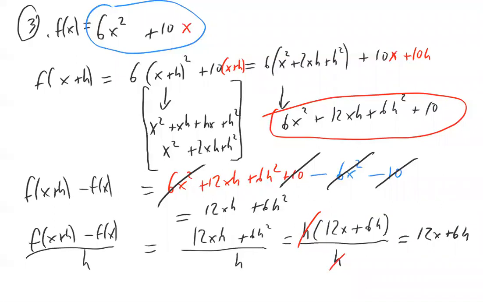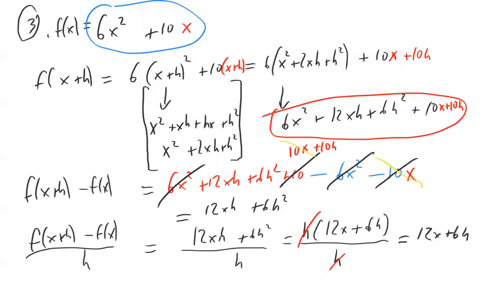At the end of this, you'd have plus 10x plus 10h. And then down here, you would have had 10x plus 10h, and over here, instead of minus 10, you would have had minus 10x. So this minus 10x would have canceled out the positive 10x.